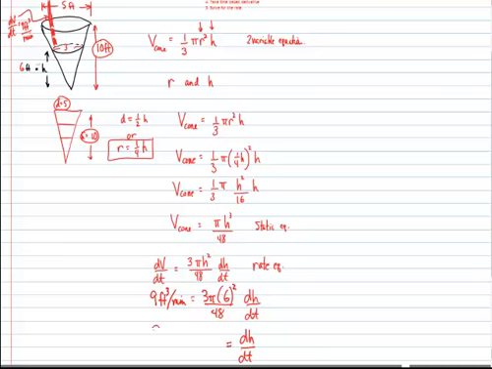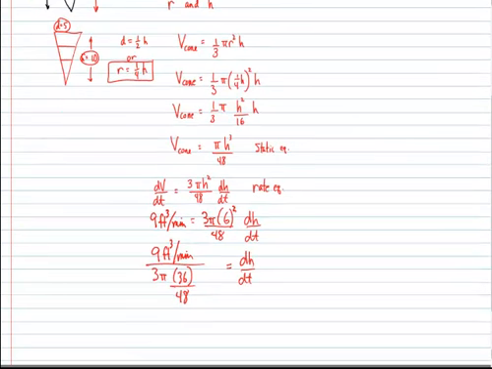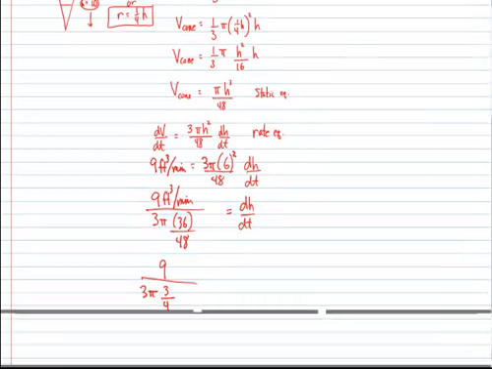Now I can just solve directly for dh/dt, and the rest is arithmetic. We have 9 feet cubed per minute divided by 3 pi times 36 over 48. When you divide by 48 in a fraction, you can multiply by the reciprocal. 36 over 48 is going to be 3 over 4, so I have 9 over 3 pi times 3 over 4.